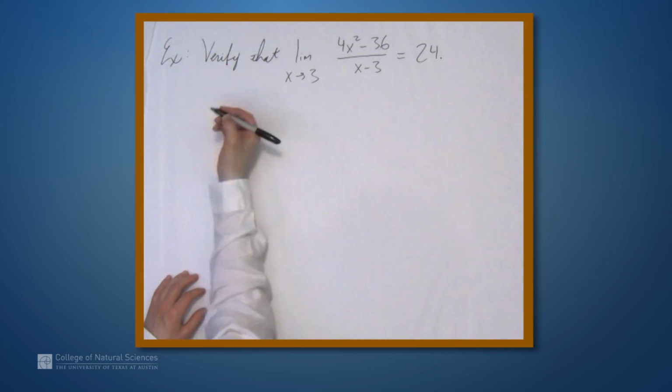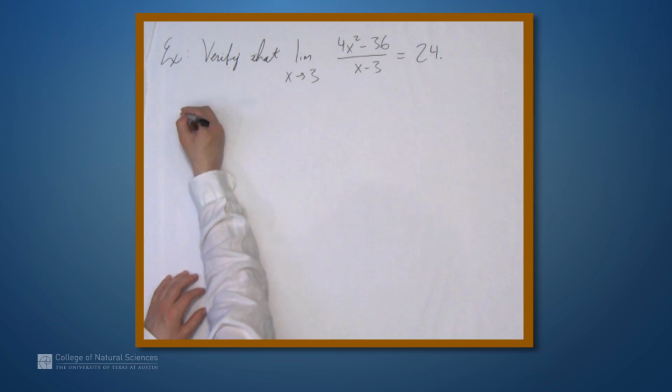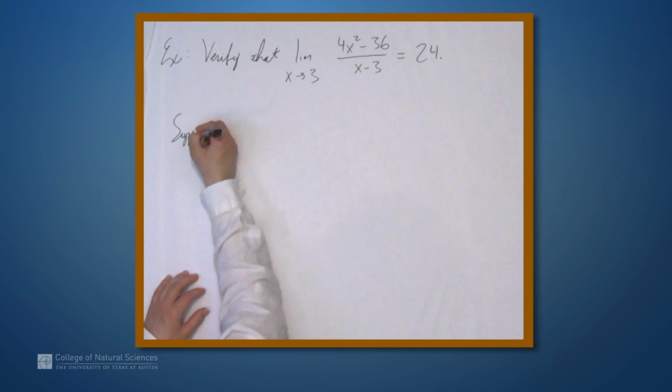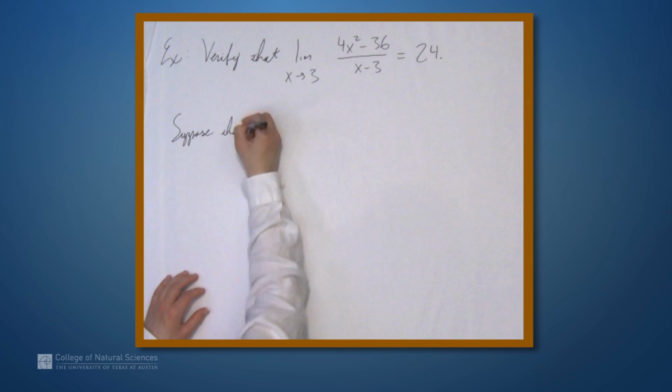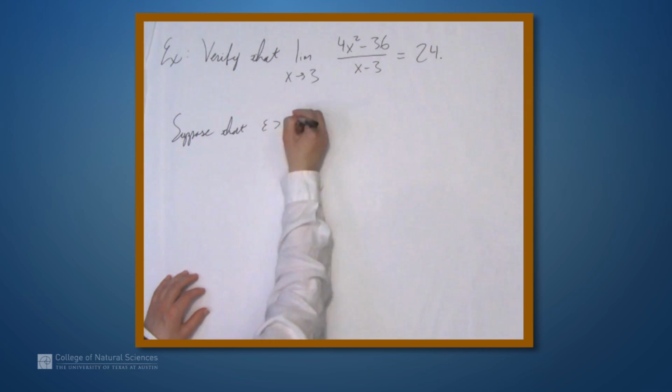So we'll start by supposing that epsilon is greater than 0.